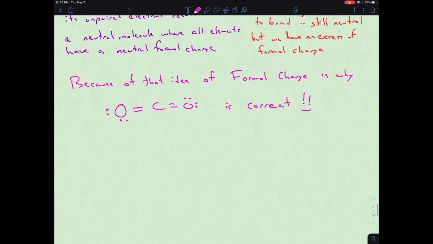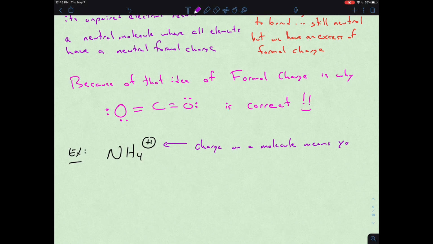Let's do another example. So now we finally have a molecule that's actually charged, NH4 plus 1. And so a charge on a molecule means you need to remove an electron.